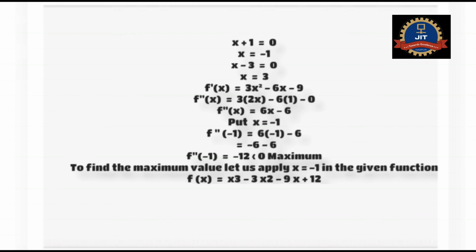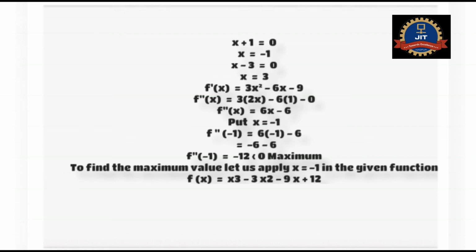Now we will find its second derivative. After differentiating it a second time, we got f double dash of x is equal to 6x minus 6. Put x is equal to minus 1 in f double dash of x.